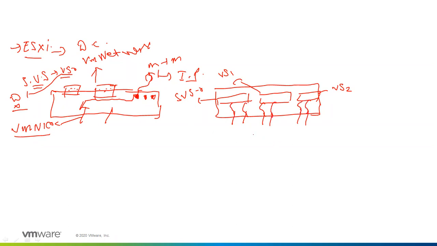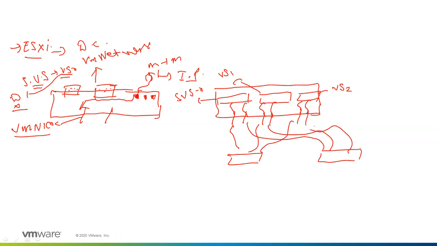When we say uplink, it means ports going outside for connection to the physical network switch. Until you make a connection to the physical network switch, your VMs or any traffic within the ESXi host can talk internally only. They cannot talk outside of the ESXi host.